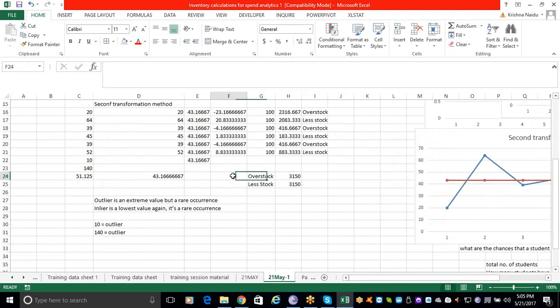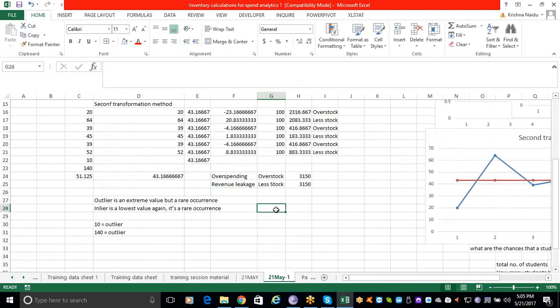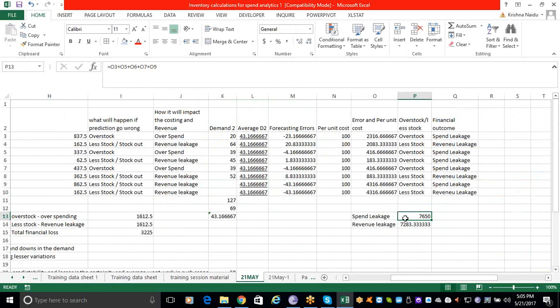This overstock is called overspending, and less stock is called revenue leakage. Okay, so just see, we have saved a lot of money here, 3,150, and here it is 7,650.